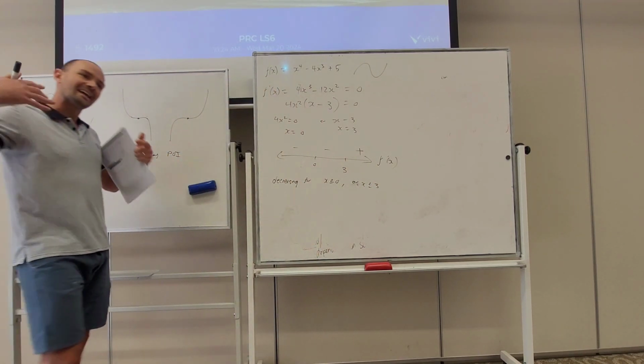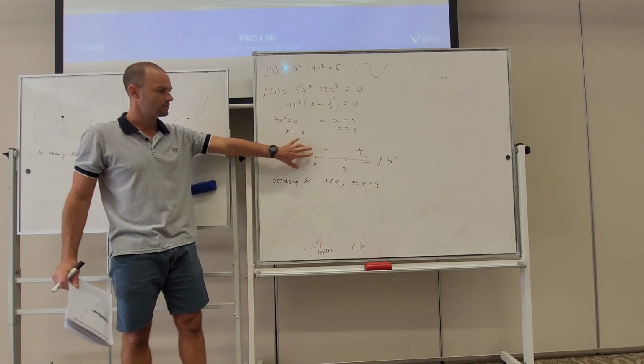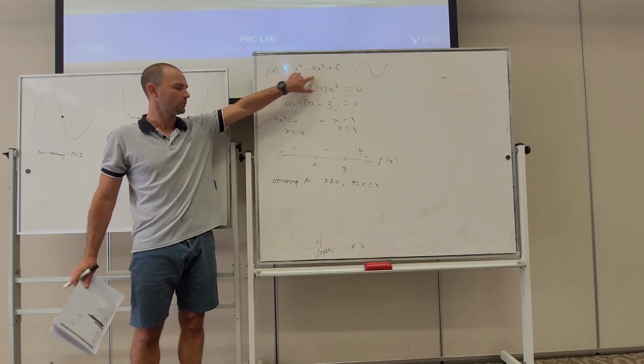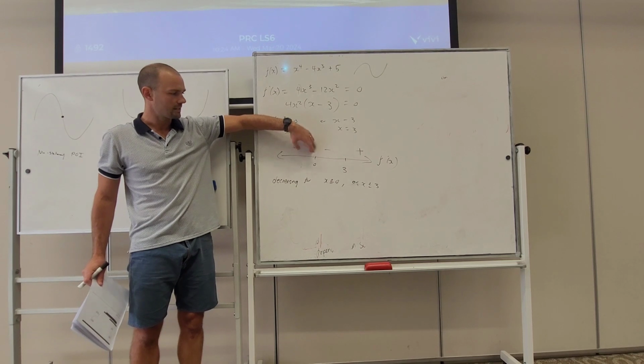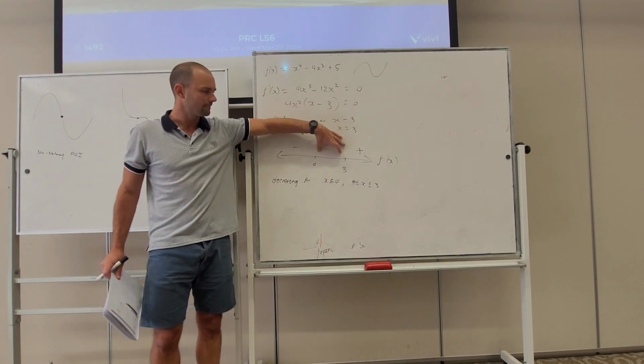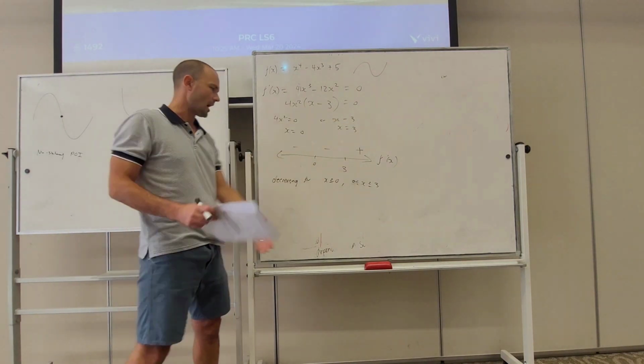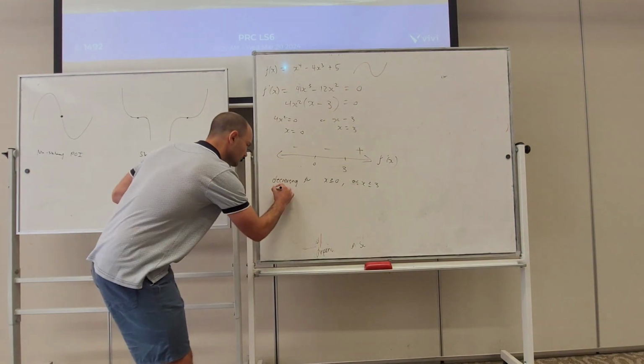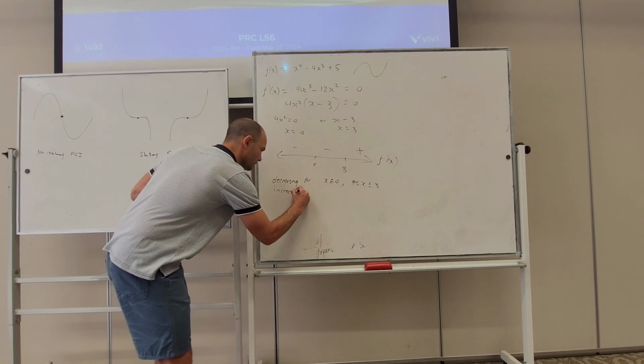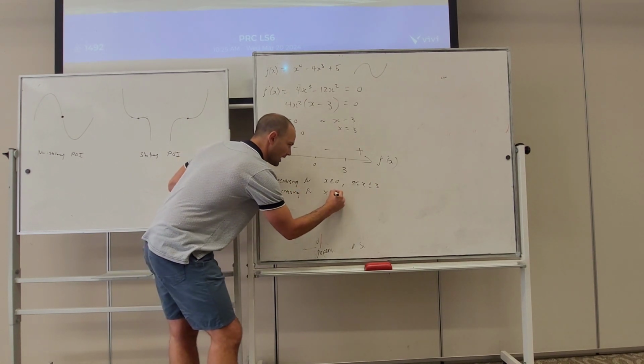So we have negative slope. Remember, this sign diagram tells us about the original function. We're decreasing for values less than 0 and for values between 0 and 3. And then we'd be increasing for values larger than 3.